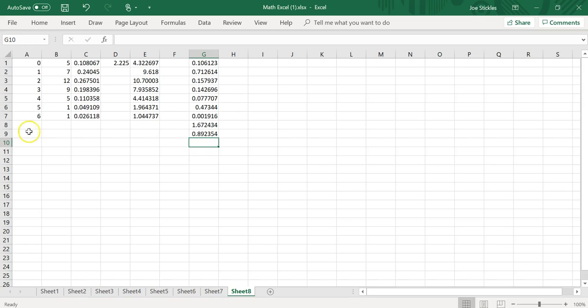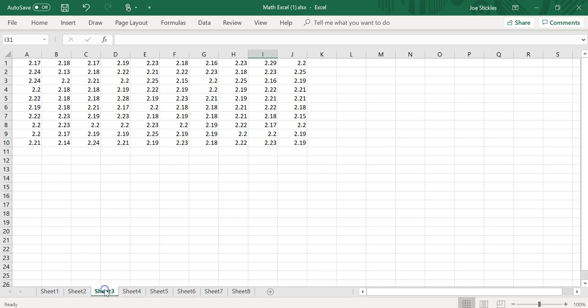Let's jump over to, let's do one more with a normal distribution. Let's do sheet 3. You have to be careful when I say sheet. 8.1-11.